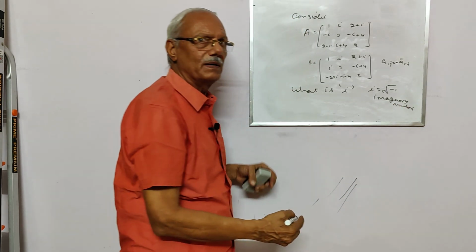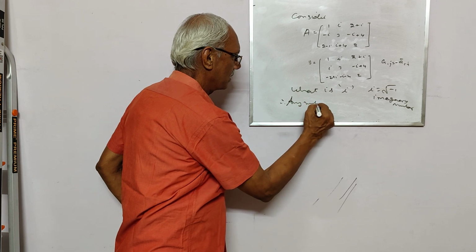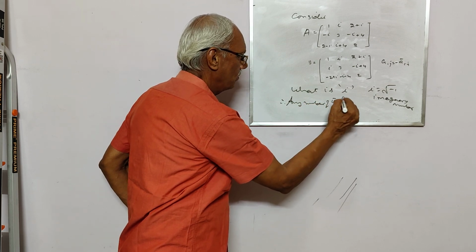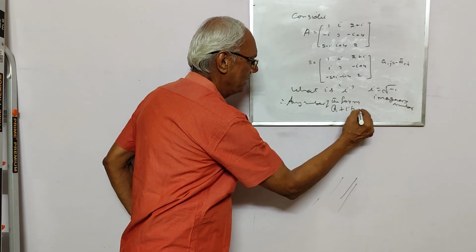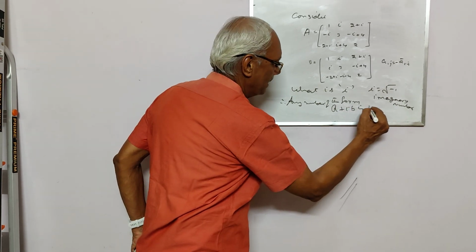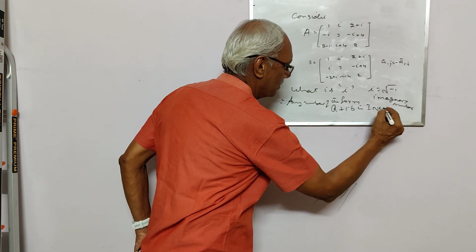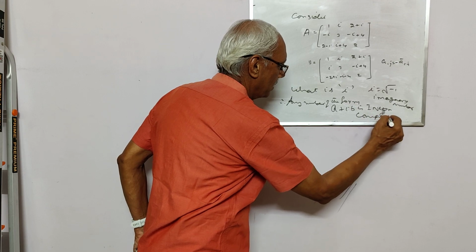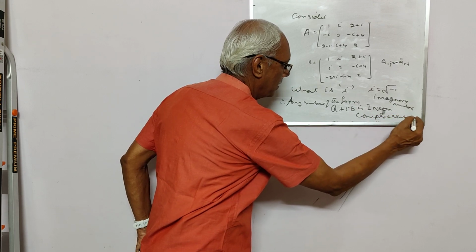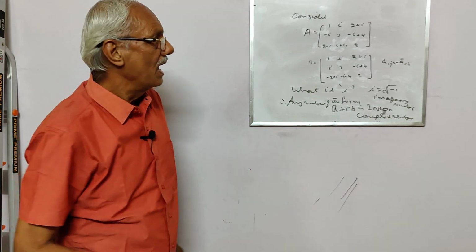Therefore, any number of the form a plus ib is an imaginary number or complex number. Such numbers will be called complex numbers.